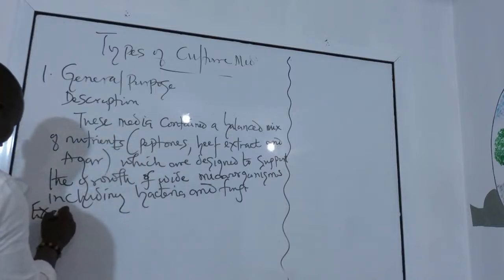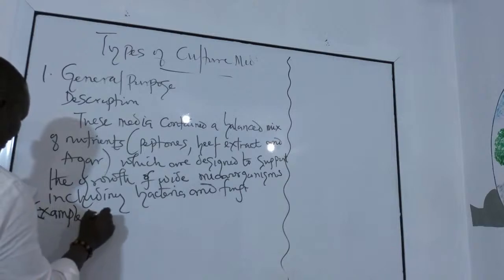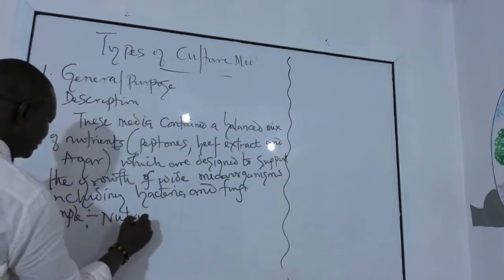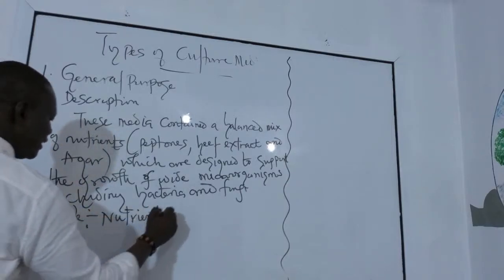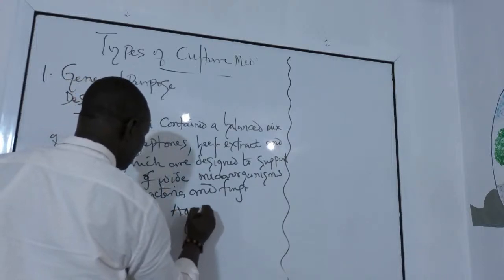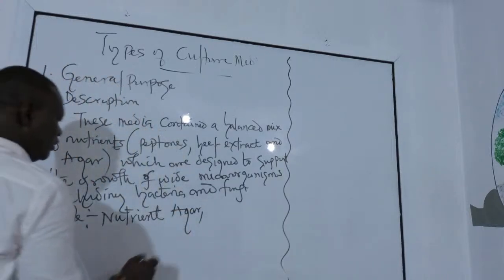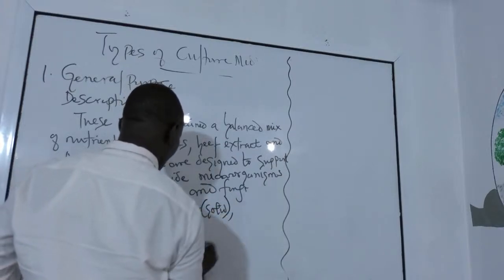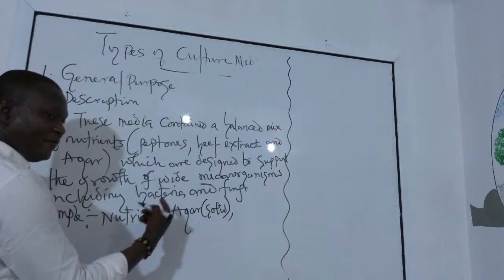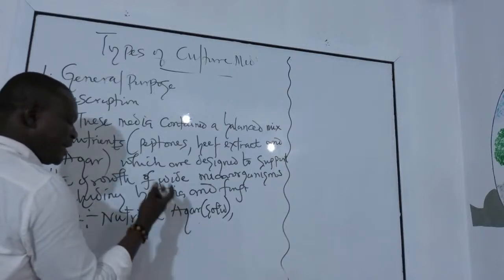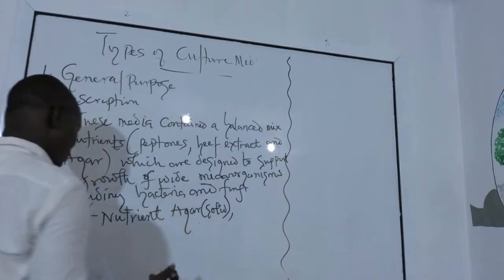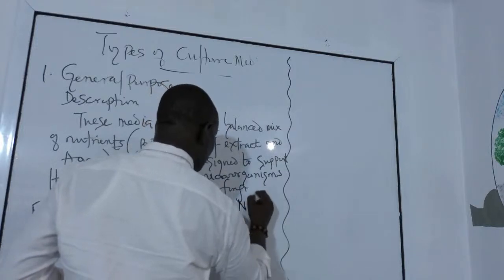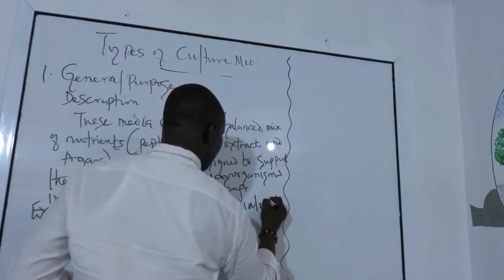Typical examples we have in each case is a nutrient agar. This one is in solid because of the presence of agar. Wherever you come across agar, it is the solidifying agent. Or nutrient broths.